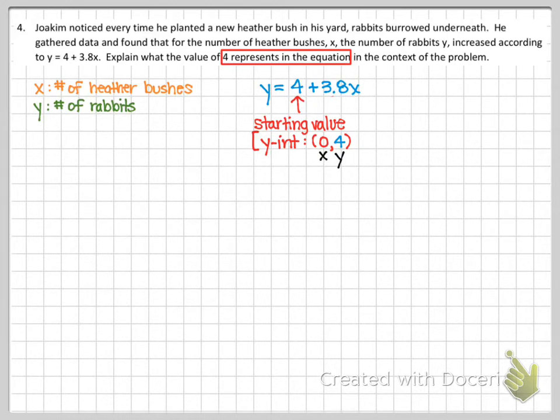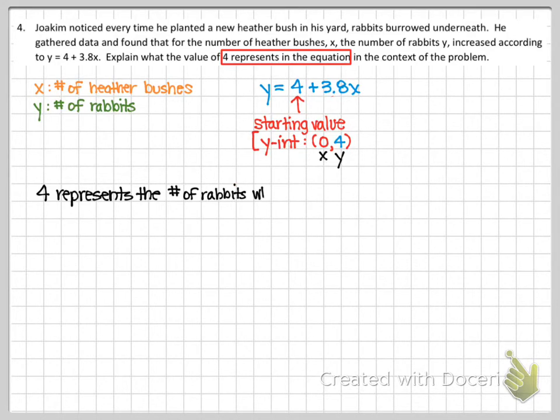So in this case, I think we just need to flat out say that the 4 is the y value. So let's say that. So 4 represents, all right, y value. Well, the y value is the number of rabbits. So 4 represents the number of rabbits. Okay, those are my y's.